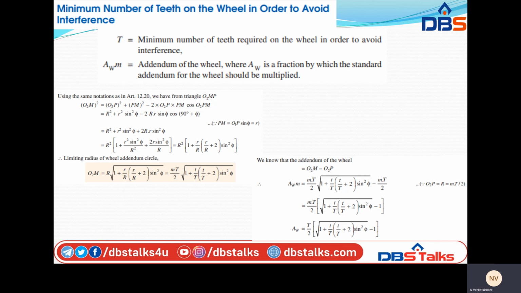So here how to write it, this addendum circle of pinion, small m into capital T by 2 into square root of 1 plus small t by capital T into small t by capital T plus 2 into sin square phi minus 1. So both the module will be cancelled. So AW is equal to capital T by 2 into square root of 1 plus small t by capital T into small t by capital T plus 2 into sin square phi minus 1.